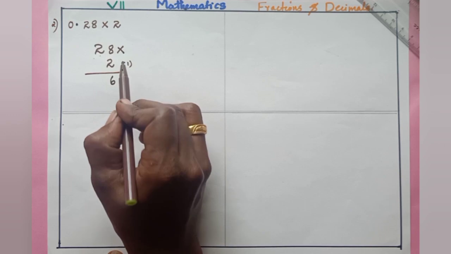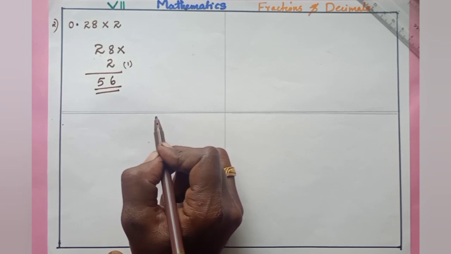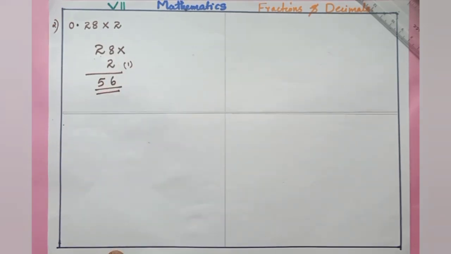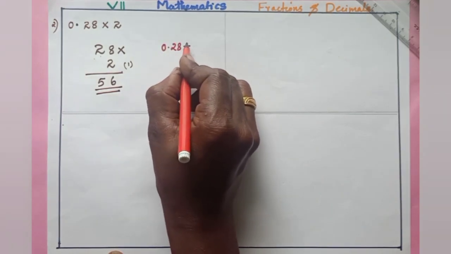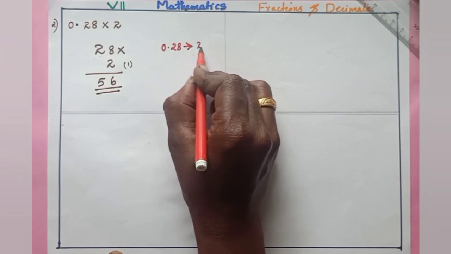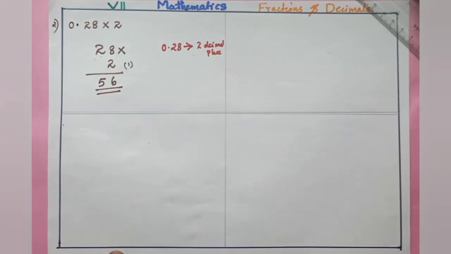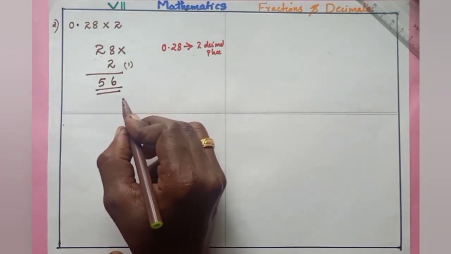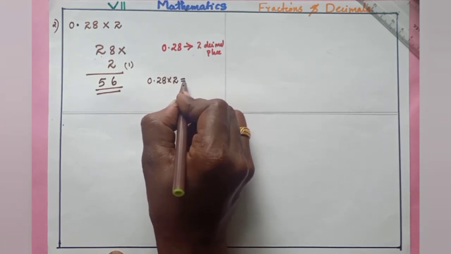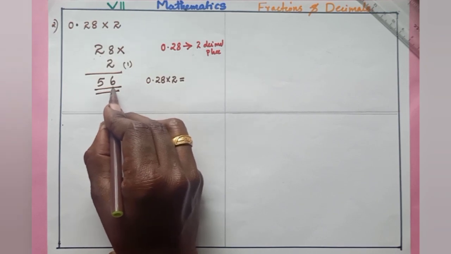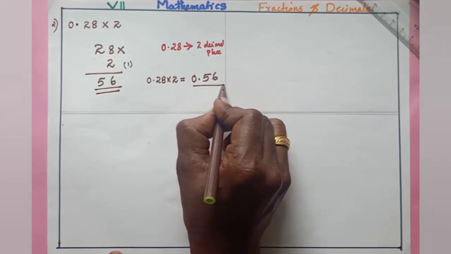Then 2 into 2 is 4, plus 1, 5. So 56. Listen, here the multiplicand is 0.28. How many decimal places does the multiplicand have? 2 decimal places. So we change the answer into 2 decimal places. So 0.28 into 2 equals 0.56. Clear?